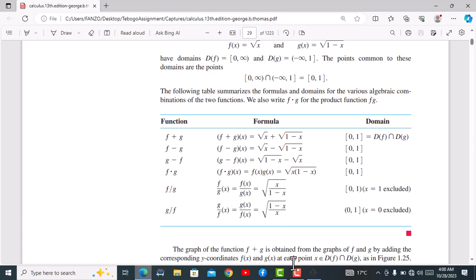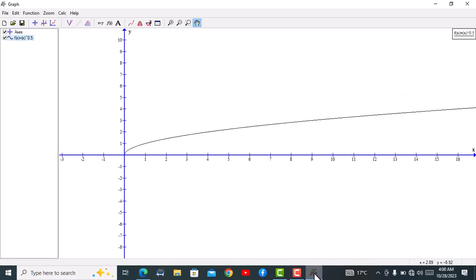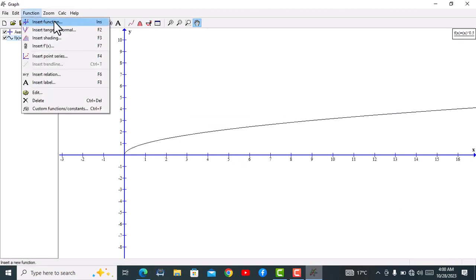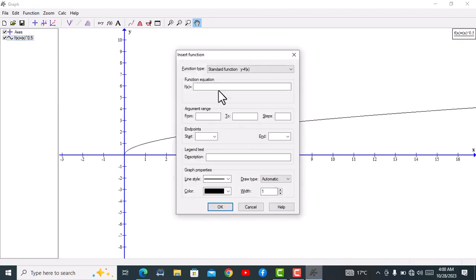And then we continue in here. We have this and we have that. Let me also draw the other one.